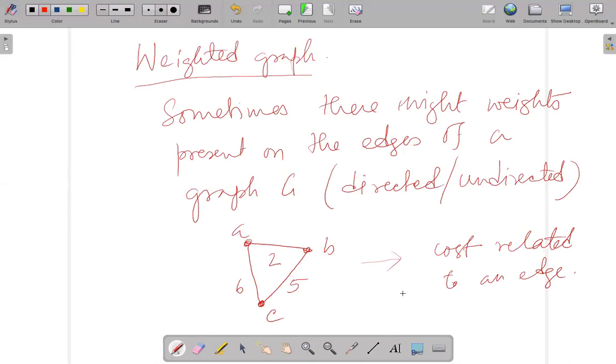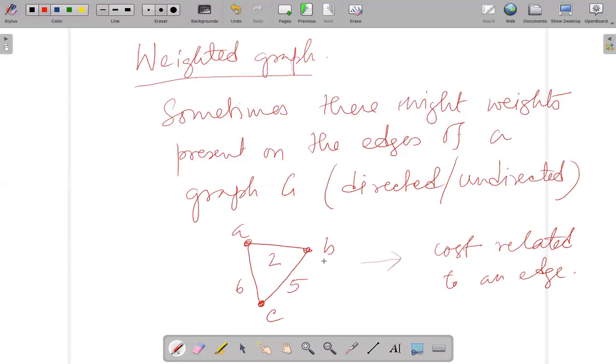So there could be various such interpretations of the weights on an edge. Or it could represent the cost of going from city A to city B, cost of going from city B to city C. It could represent distance, it could represent cost, it could represent various different things, or it could even represent how similar the two nodes are.